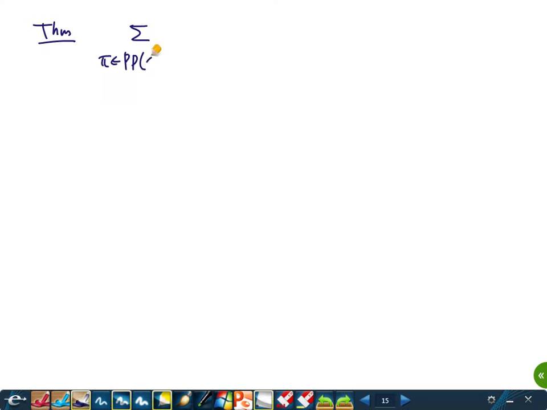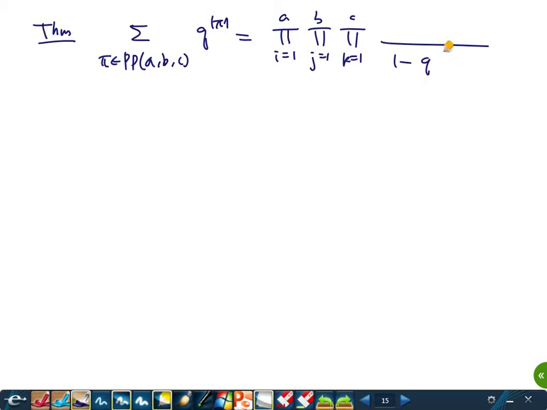The plane partitions inside this box A, B, C, with q to the size, equal the product over i, j, k of 1 minus q to the i plus j plus k minus 1 over 1 minus q to the i plus j plus k minus 2. We can express that product in this form.